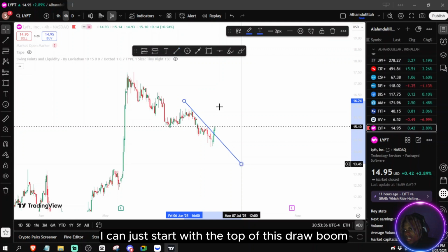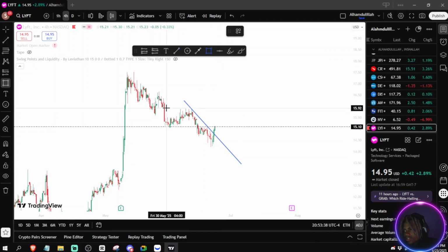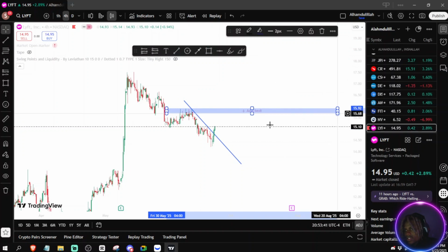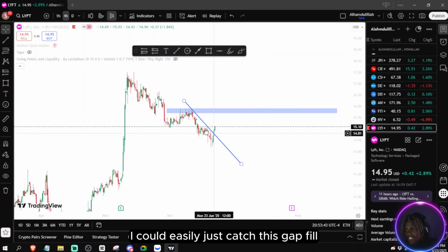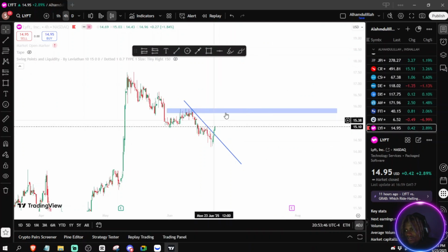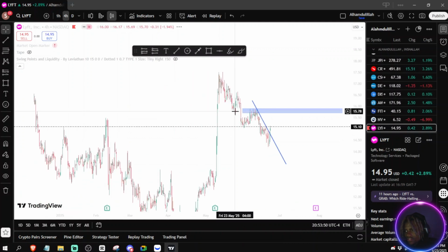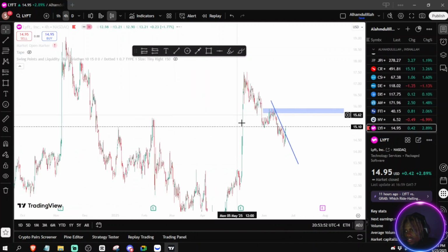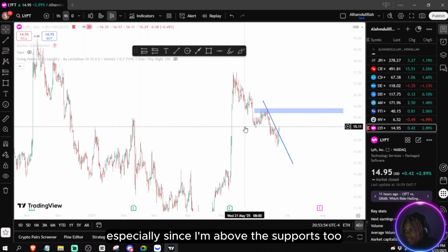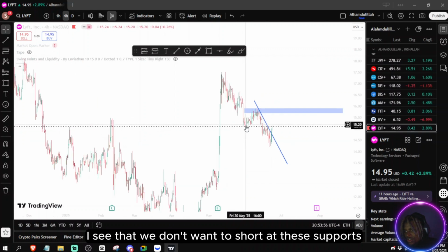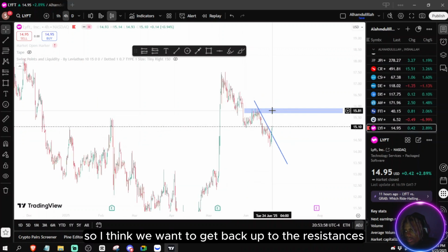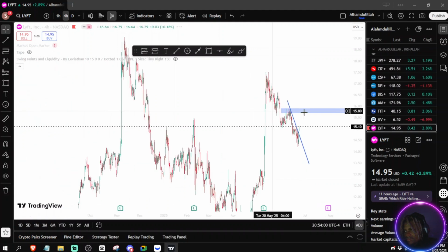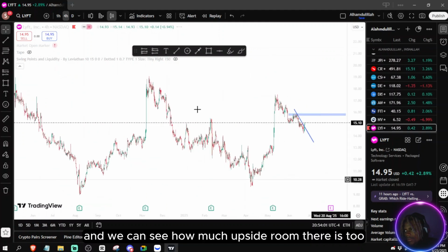Draw. Boom. Take profit. And same thing with Lift too. I could easily just catch this gap fill, catch it back up here, especially since I'm above the supports too. I see that we don't want to short at these supports. So I think we want to get back up to the resistances. And we can see how much upside room there is too.